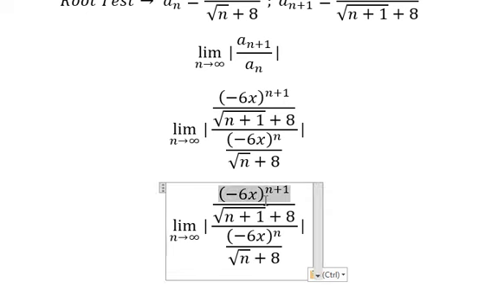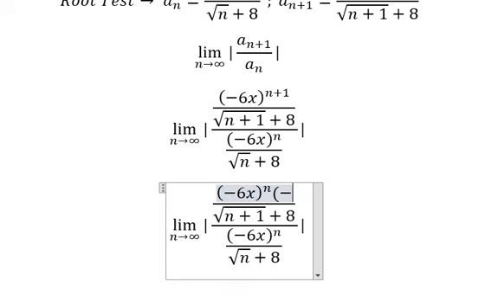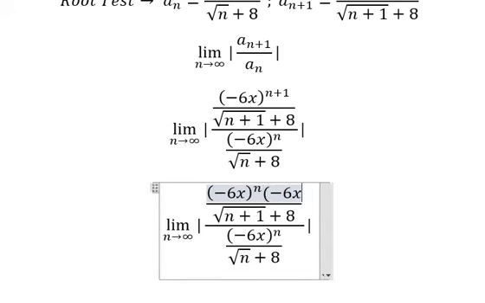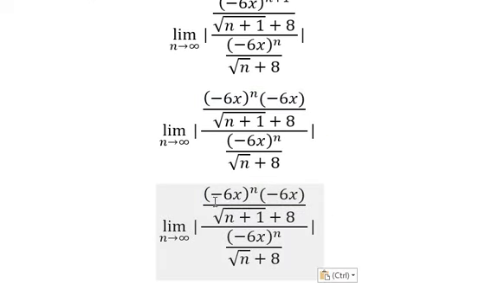So this one I will put negative 6x to the power of n multiplied by negative 6x. So we simplify negative 6x to the power of n on the numerator and denominator.